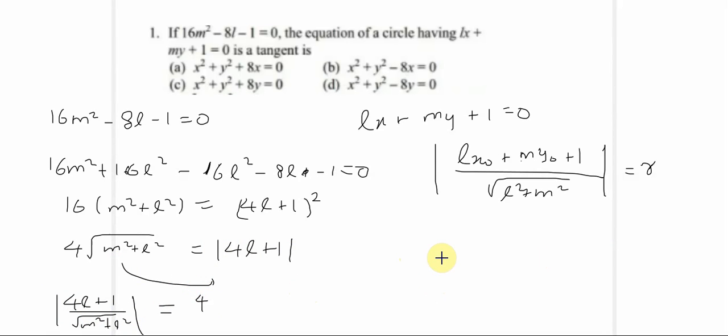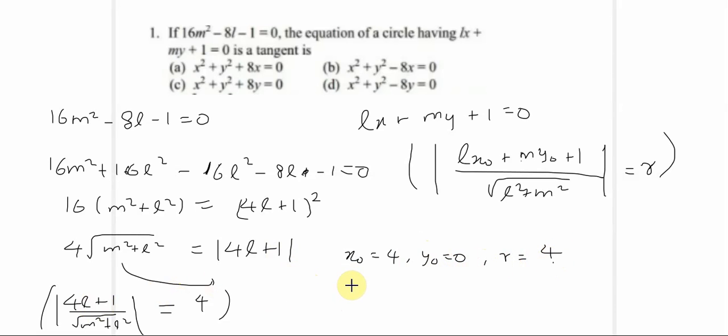So again compare the terms of this to this. The coefficient of l is x naught, which is 4. Coefficient of m is 0 here, so y naught equal to 0, and the radius, as you can see, is 4.